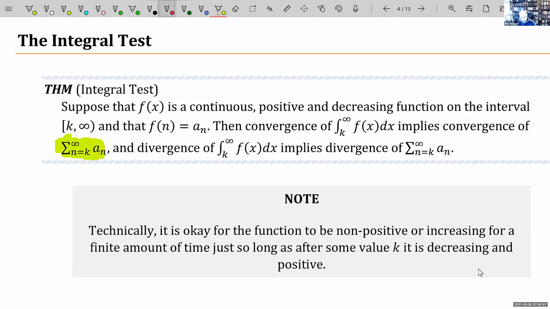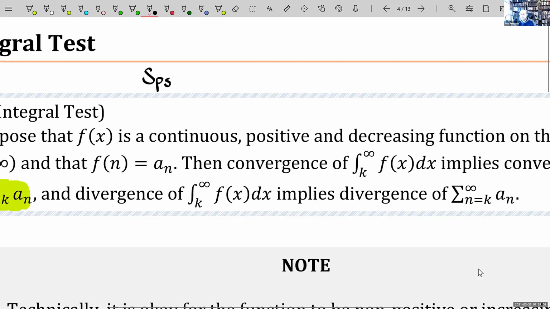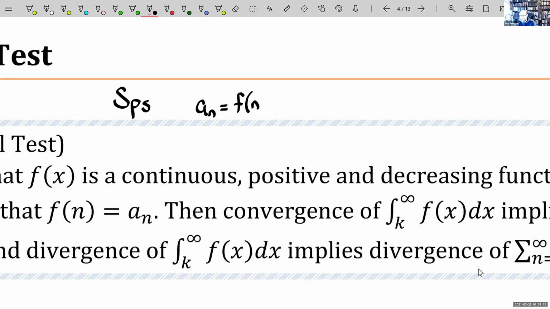We're going to suppose that a sub n is equal to f of n. In other words, you have some background function that mimics your sequence for the natural numbers.